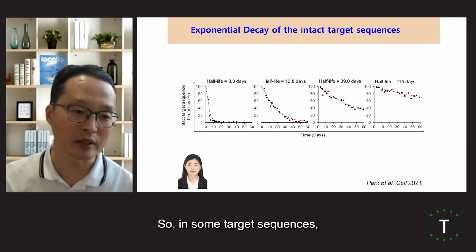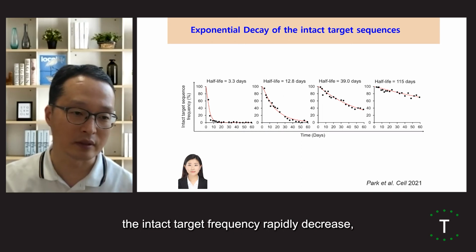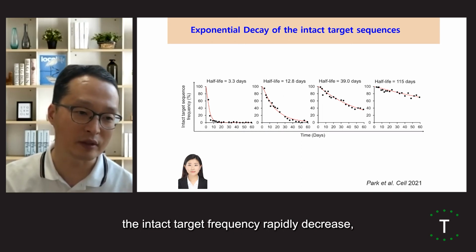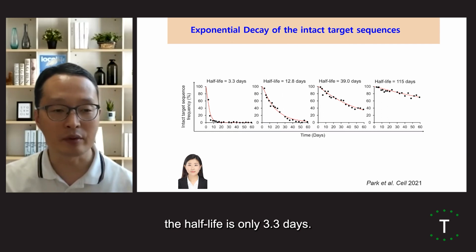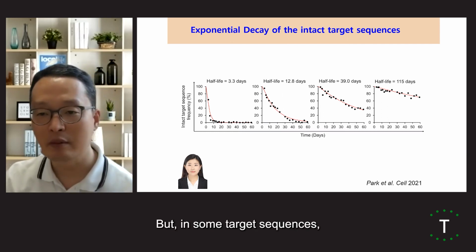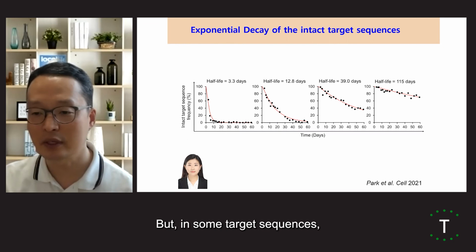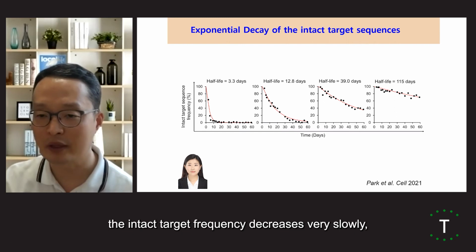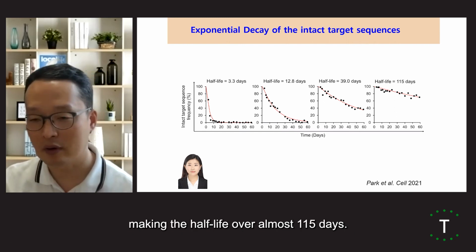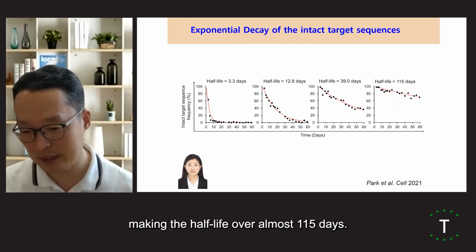So in some target sequences, the intact target frequency rapidly decreases. The half-life is only 3.3 days. But in some target sequences, intact target frequency decreases very slowly, making the half-life almost 115 days.